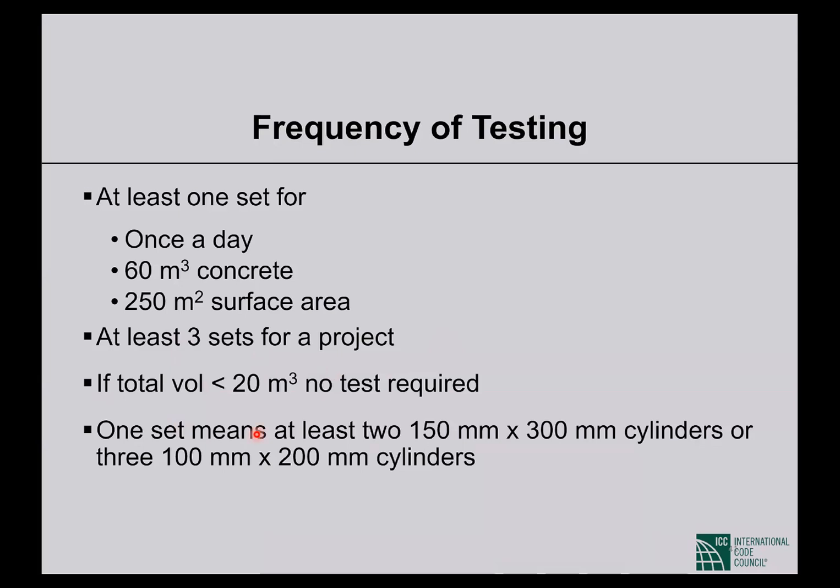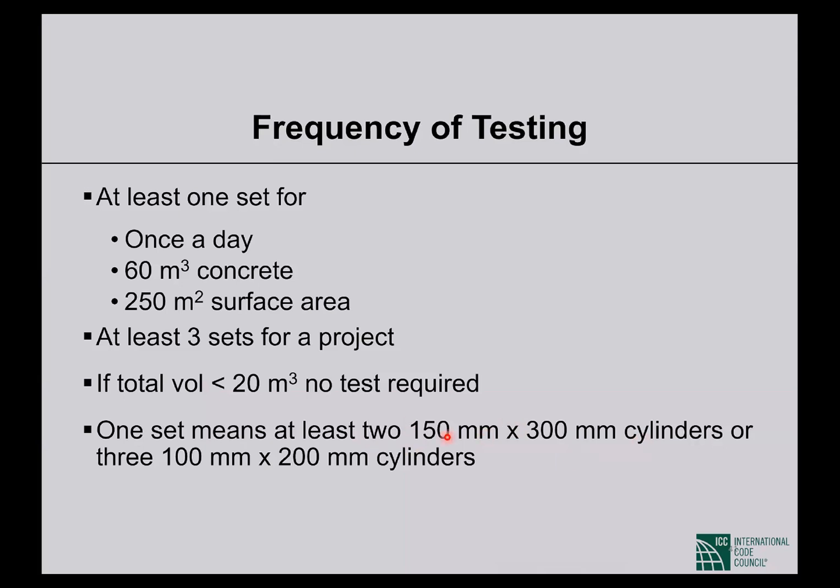And 3 cylinders make 1 set. If total volume is less than 20 meter cube, then no test is required. One set means, in ASTM, three cylinders make one set, but in ACI, two cylinders make one set, depending on the size.